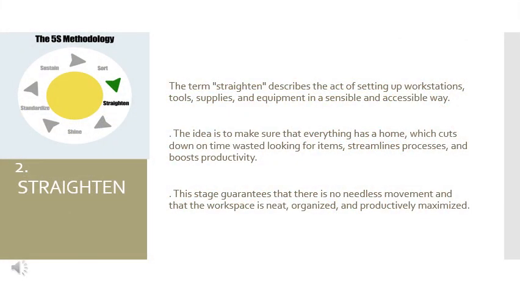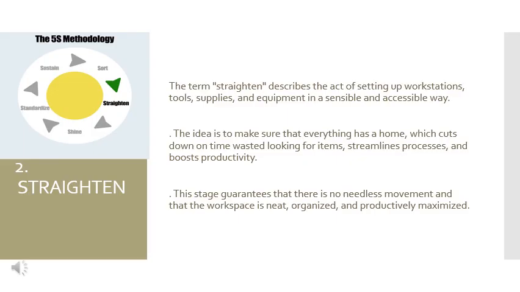In this slide, we are going to talk about the second S of the 5S process, which is straighten. The term straighten basically describes the act of setting up the workstation, tools, supplies, and equipment in a way that is sensible and accessible. The basic idea is to make sure everything has a home. This cuts down the time spent looking for items, streamlines processes, and boosts overall productivity.